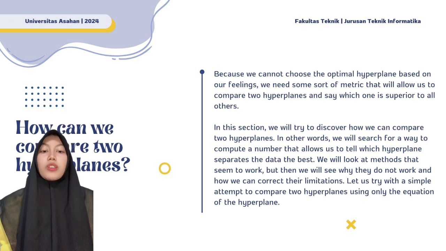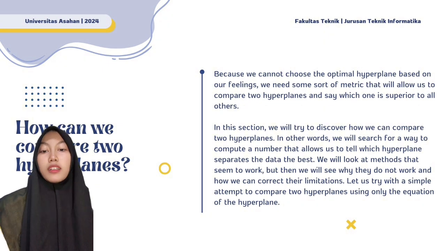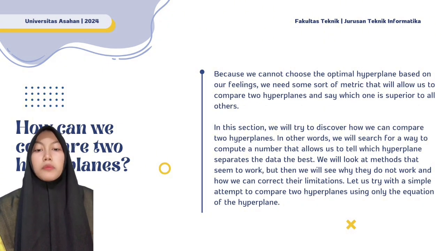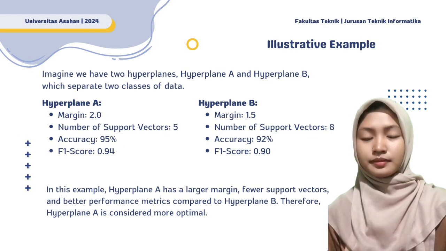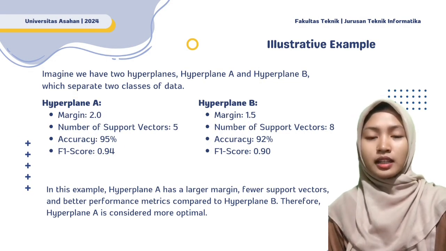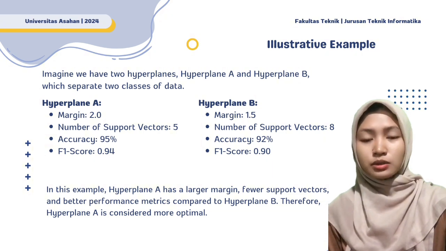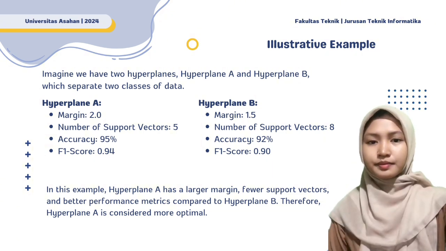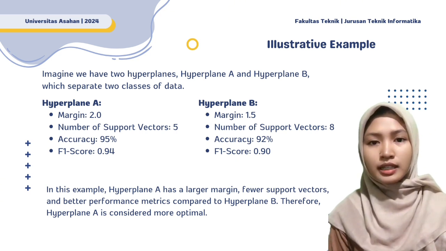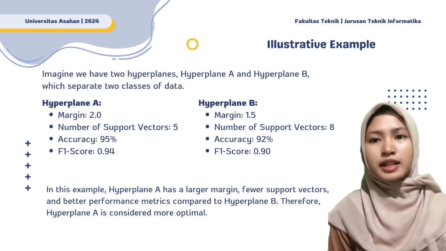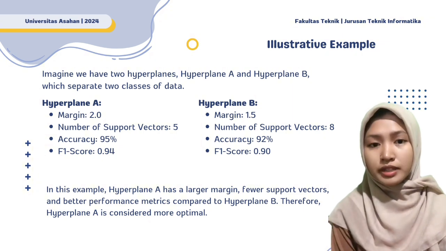Let us try with a simple attempt to compare two hyperplanes using only the equation of the hyperplane. Next, here is an illustrative example to compare two hyperplanes. Imagine we have two hyperplanes, hyperplane A and hyperplane B, that separate the two classes of data.